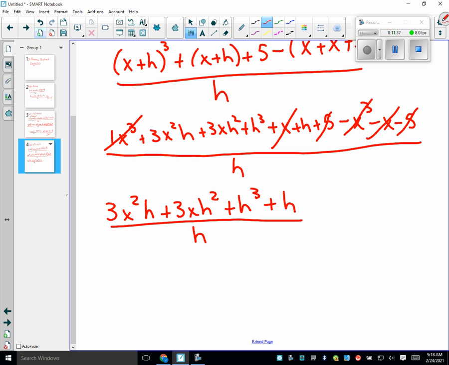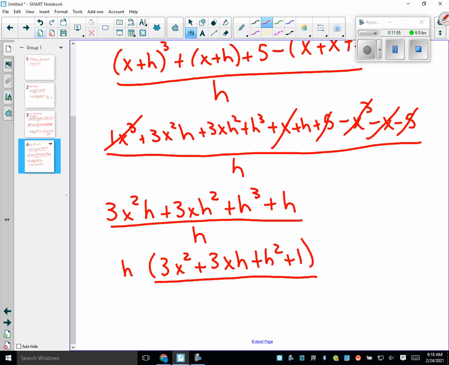Take out an h. When I take out an h, to cancel with that, I have 3x squared plus 3xh plus h squared plus 1. And the h's cancel. You see we're doing the same thing every time, clearing out? All right.